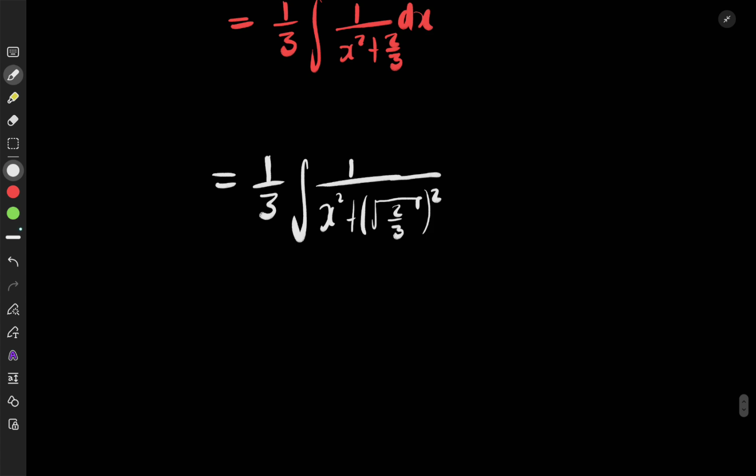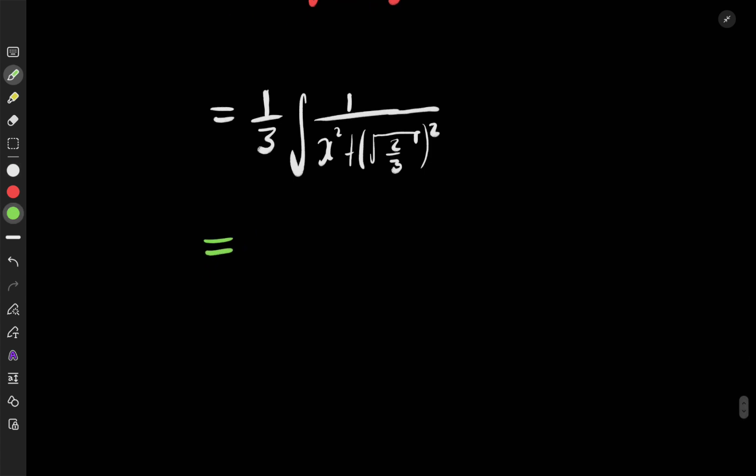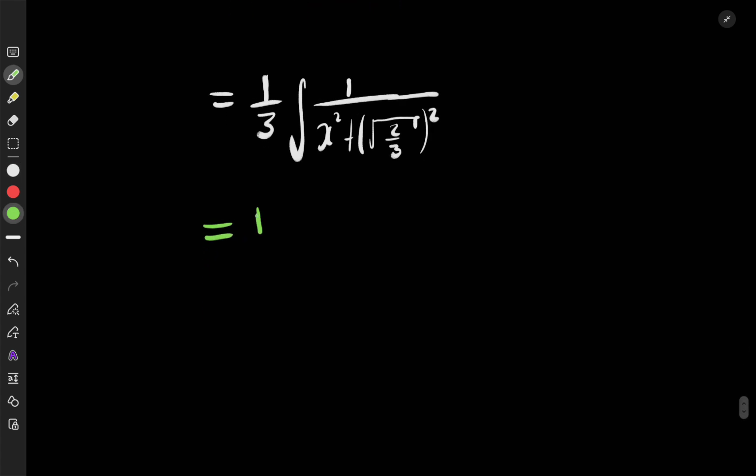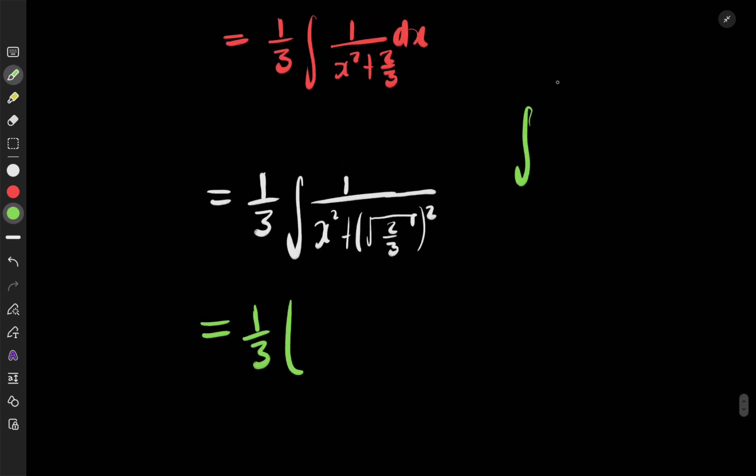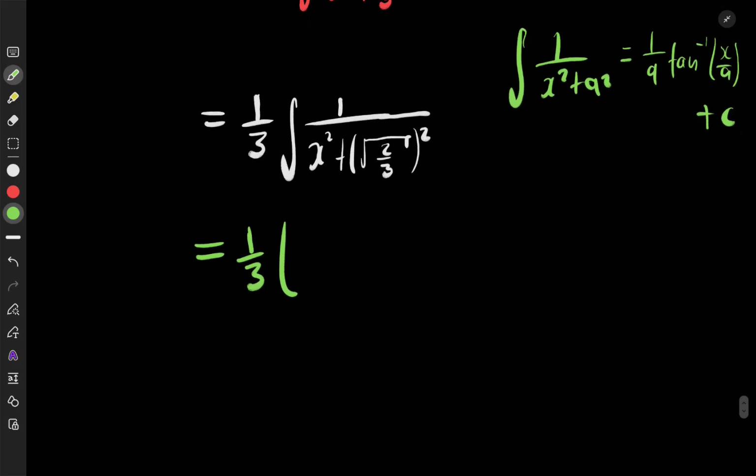Now I have 1 over x squared plus a squared. And then what is it going to be? We know that it's going to be 1/3. You know that the integral of 1 over x squared plus a squared is equal to 1 over a tan inverse of x over a, plus the constant of integration c. So that's what we're going to do.